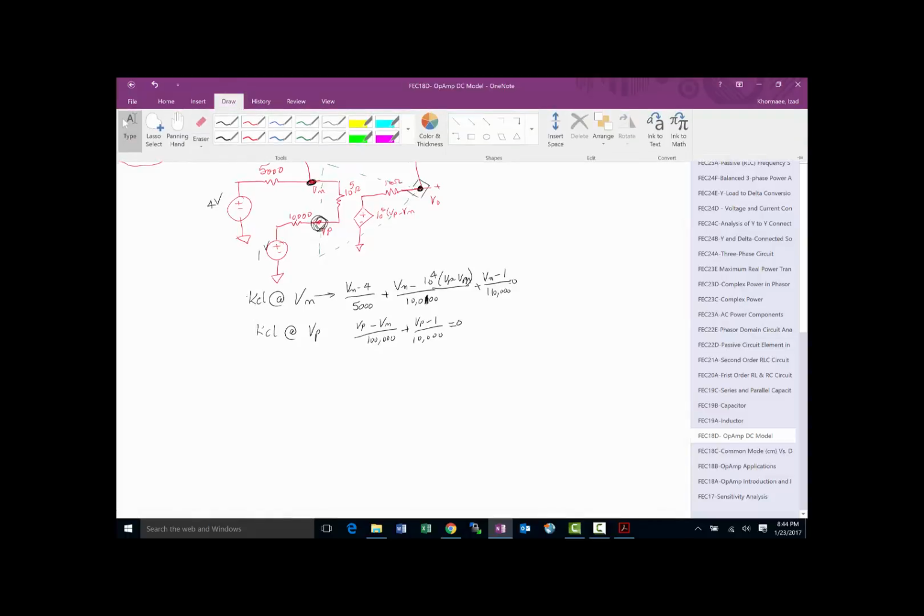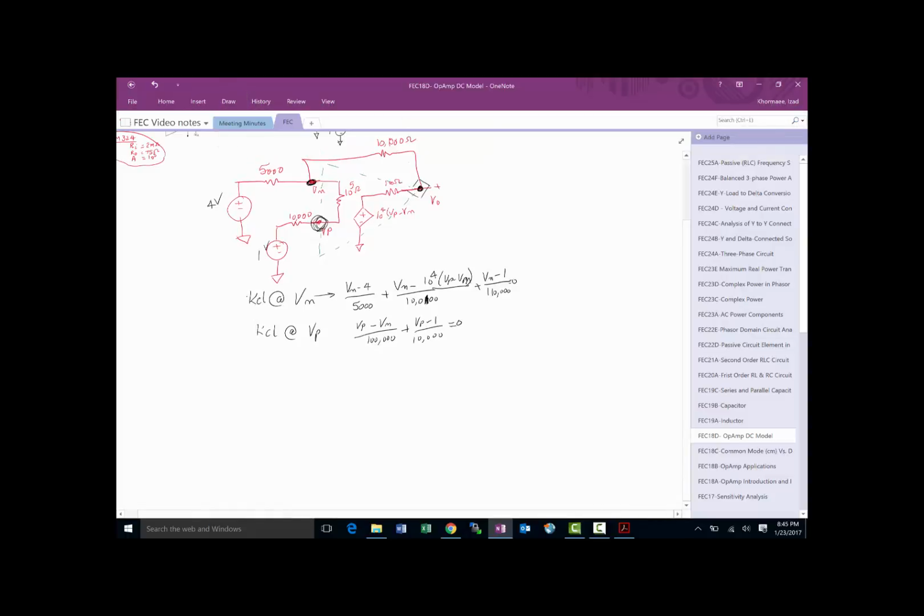And then the next thing I have to do is, so I've got 2 variables, 2 equations. I can solve it, find Vp and Vn. But really what I was looking for is V out. So I can write another equation for this non-essential node. And if I write it for that non-essential node, it's going to be V out minus Vn divided by 10,000 plus V out minus 10 to the power of 4 Vp minus Vn divided by 100, and that's equal to 0.